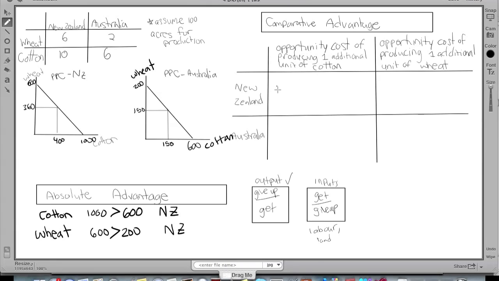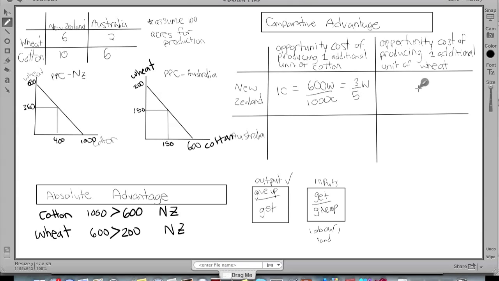So to get one additional unit of cotton, New Zealand must give up 600 units of wheat, and in return they get 1,000 units of cotton. So that is 3/5 of wheat. So 1 unit of cotton costs 3/5 of wheat.